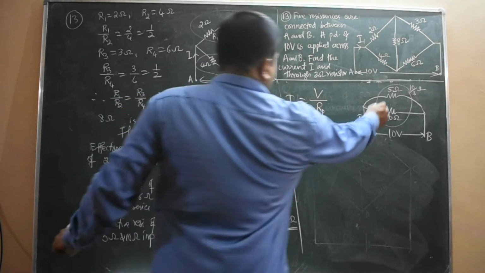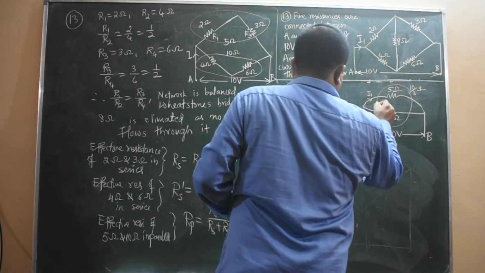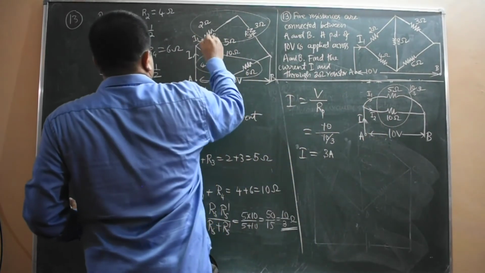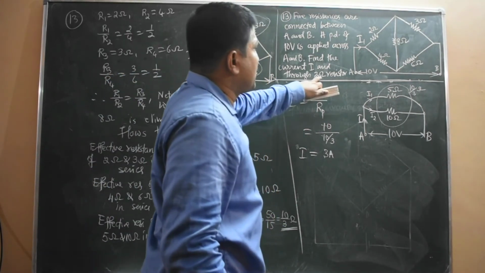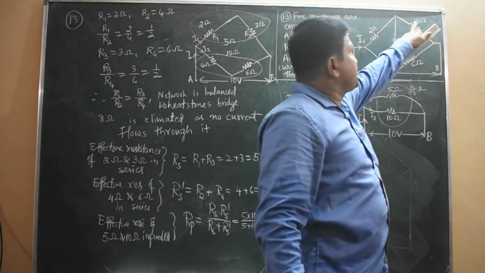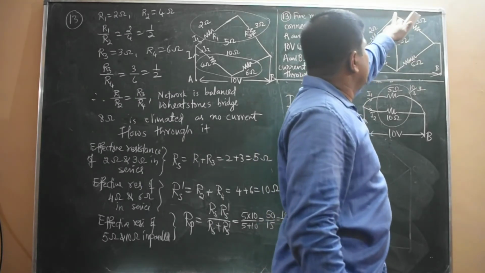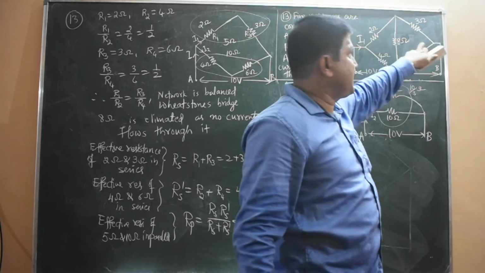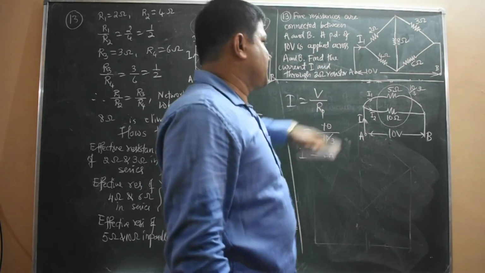It is divided into two branches. I'll take this branch current as I1 and this branch current as I2. In the question it is asked to find the current through the 3 ohm resistor. Anyhow, this 8 ohm is not there. So the current through 2 ohm and 3 ohm will be the same, and the current through 4 ohm and 6 ohm will be the same, as there is no current through the 8 ohm resistor, as it is a balanced network.